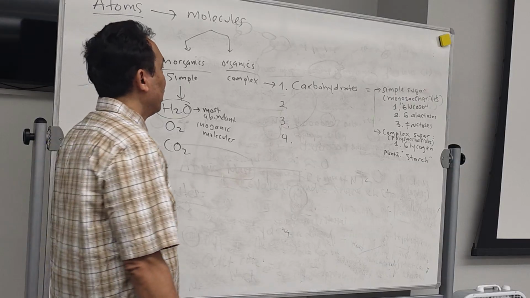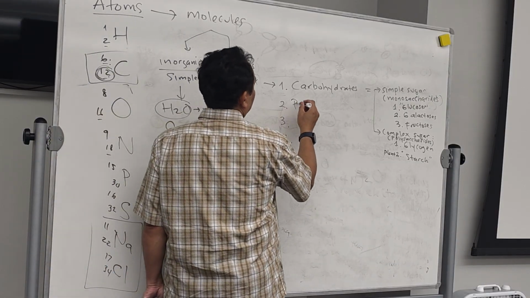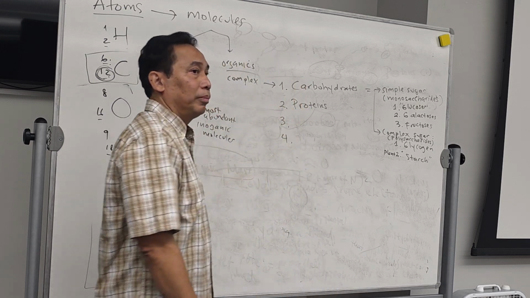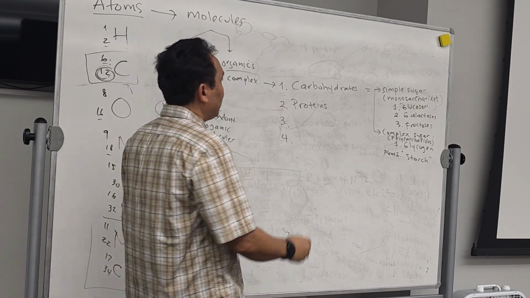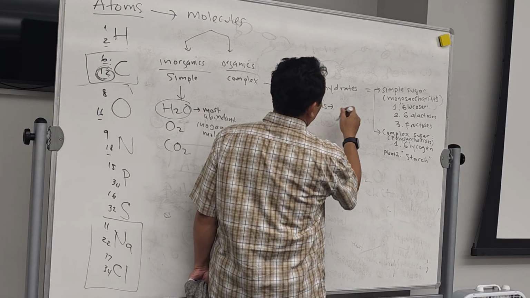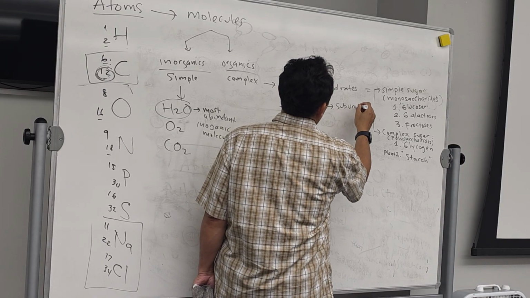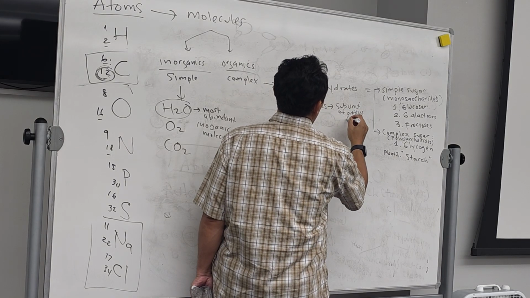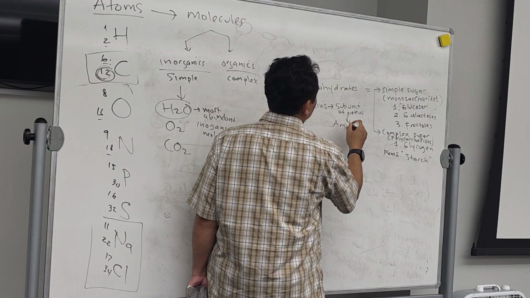Okay. The second type is proteins. Okay. The single subunit of proteins is called the amino acid.